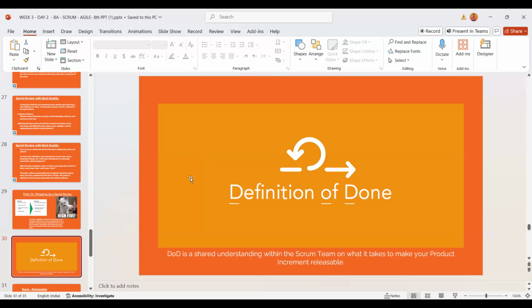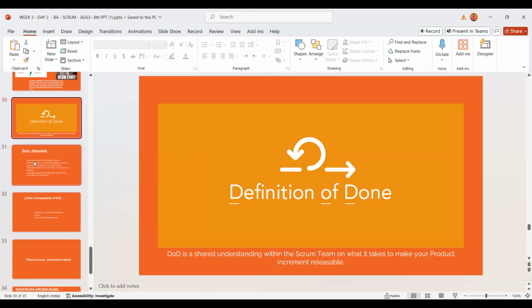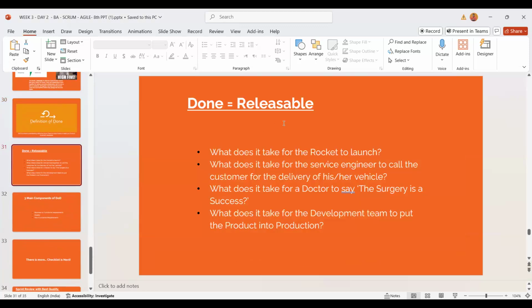Before you answer this, I have a few questions and I want you all to think about it. These questions say that when you say done, it means you are ready to deliver. The software is ready to be released. It means the software is releasable. So before you understand DOD, you need to answer, what does it take for the rocket to launch? What does it take for the service engineer to call the customer for the delivery of his or her vehicle?